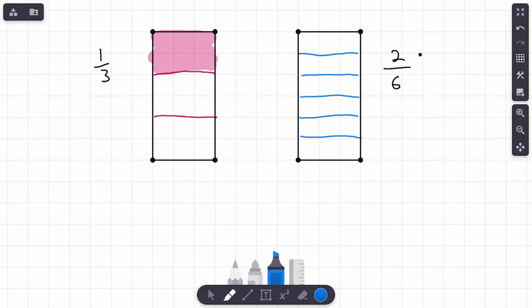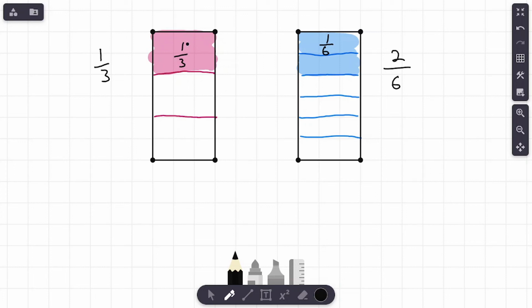All right, numerator. That is 2. So let's color in 2 of the 6. There we go. All right, first thing I'm going to do here is I'm going to label these first sections, and I want you to take a look and tell me what you're noticing. What do you notice? Use that number sense.